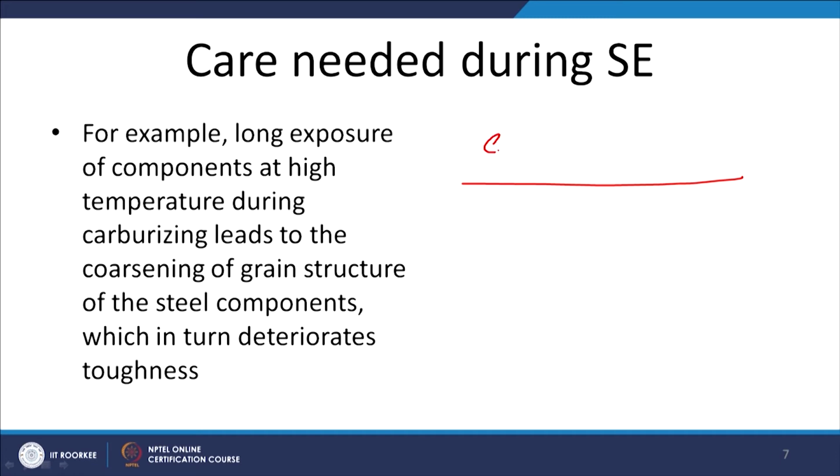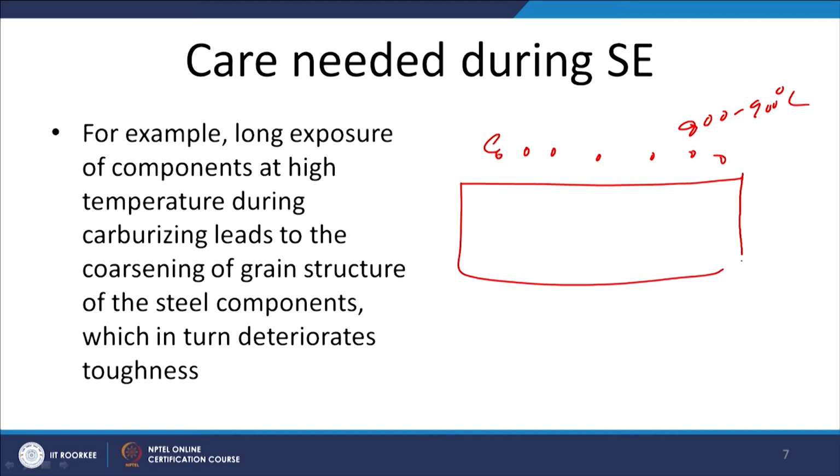A carbon rich environment is created all around the component, especially at a high temperature of around 800 to 900 degree centigrade, and this carbon rich environment results in diffusion of carbon onto the surface of the steel component.